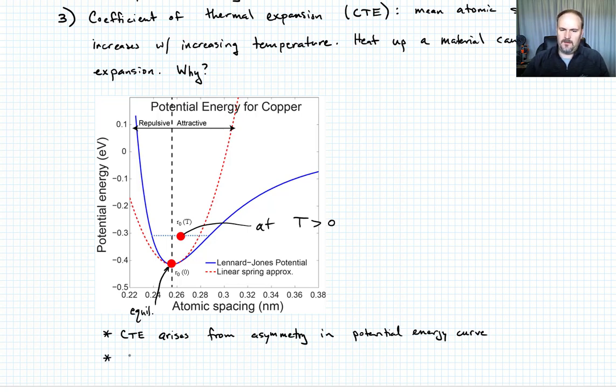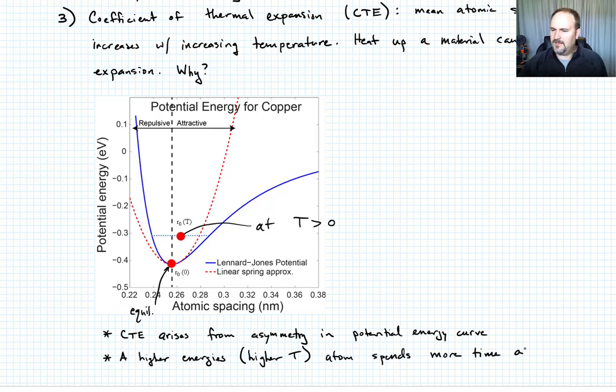So at higher energies, which corresponds to higher temperatures, an atom spends more time at some R greater than R naught. Remember, the atoms are always moving, so it's always about where their average position is.